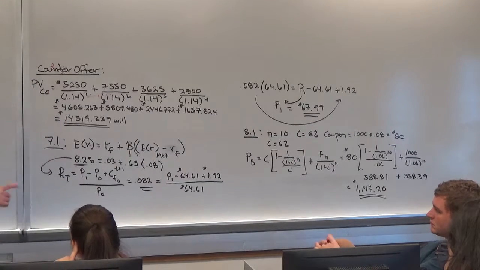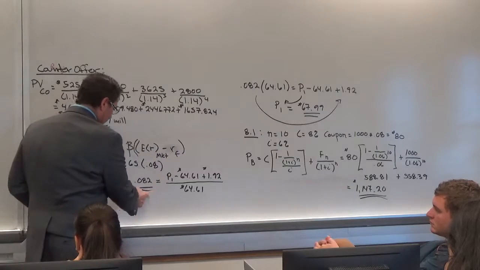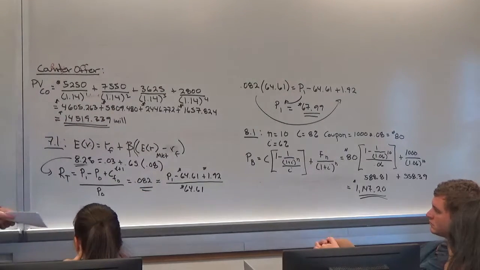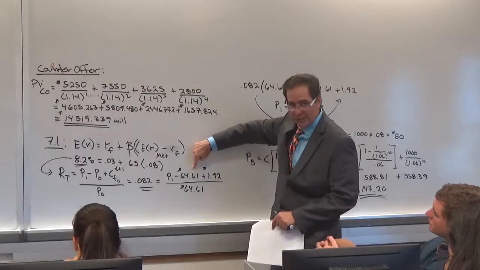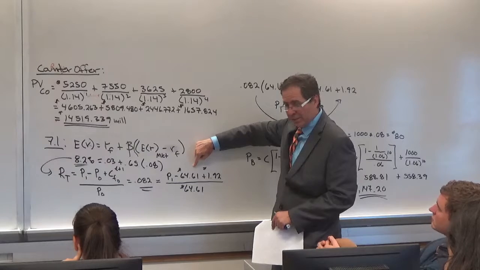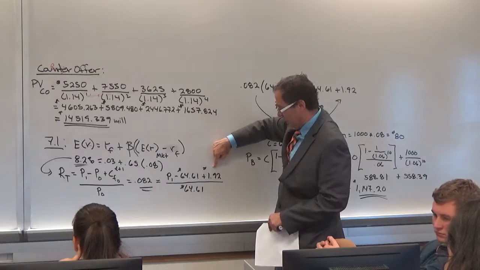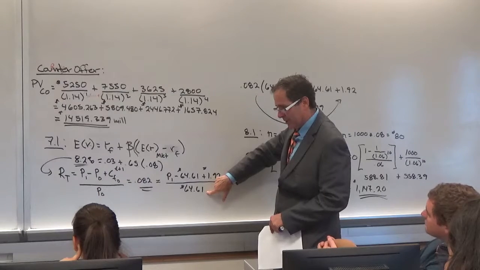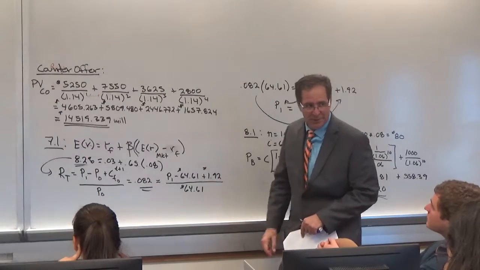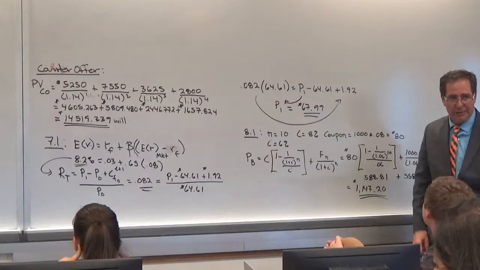So we know what the holding period return is, which is 8.2% or 0.082. We know the current stock price is $64.61, and the annual dividend is $1.92. So then you just apply the algebra.